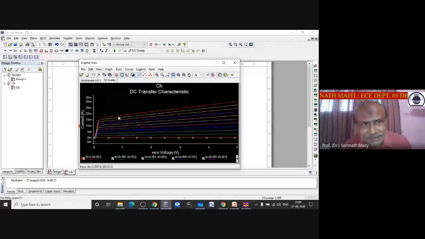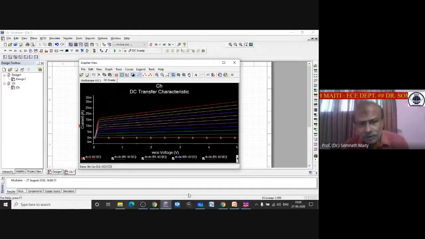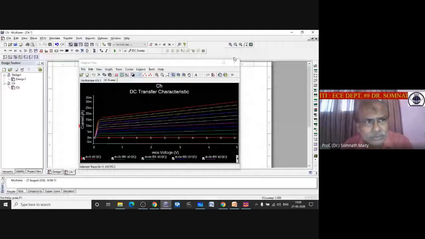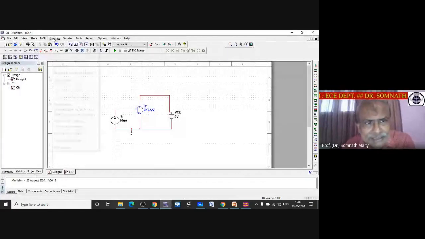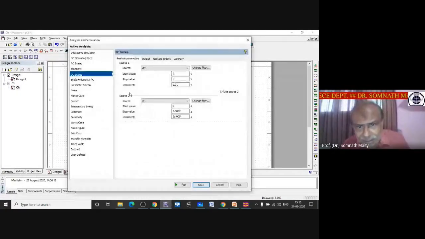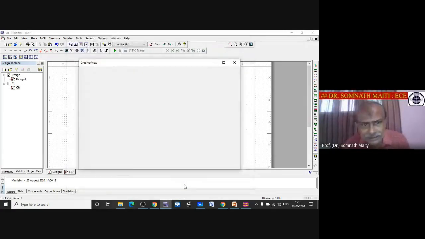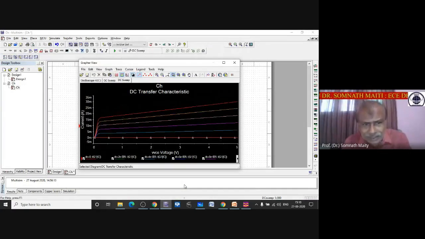Let us change it. Simulate, analysis. The value is 40 microampere. Then run. How many have come? 40 into 5, 200 microampere.